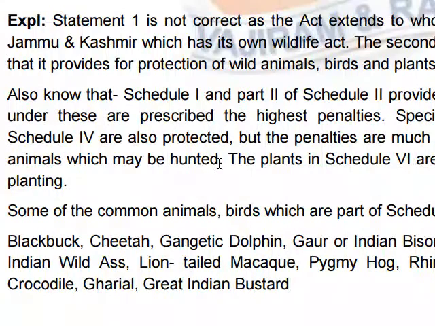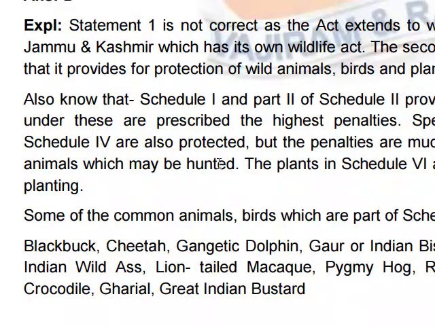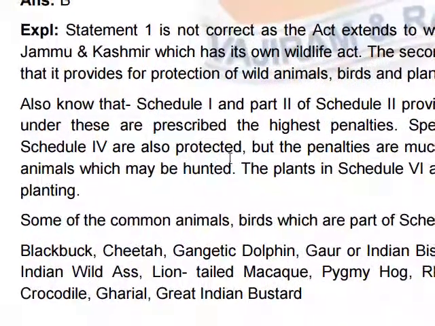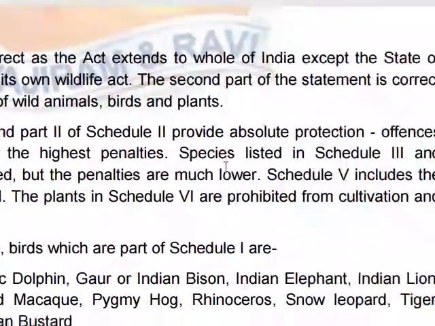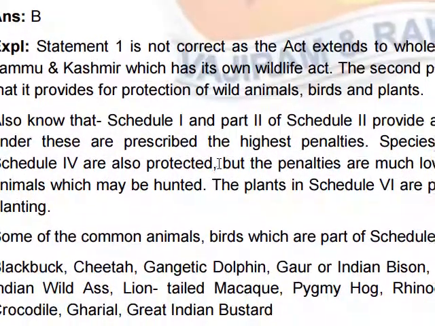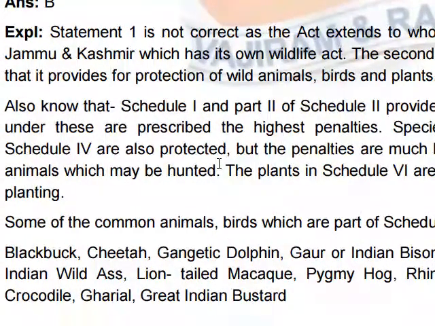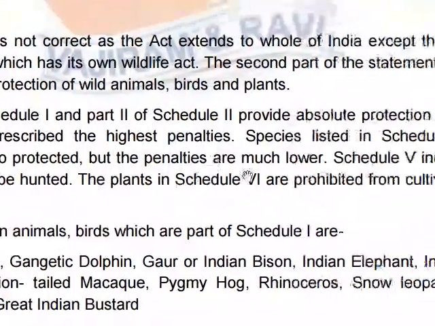Statement 1 is not correct as the Act extends to the whole of India except the state of Jammu and Kashmir, which has its own Wildlife Act. The second part of the statement is correct. It provides protection of wild animals, birds, and plants. Schedule 1 and Part 2 of Schedule 2 provide absolute protection.